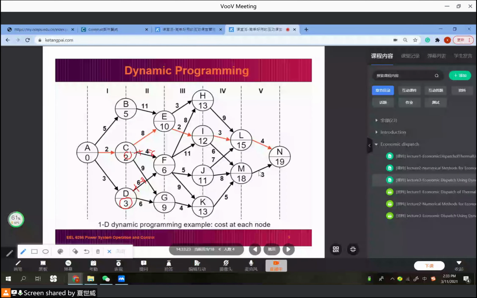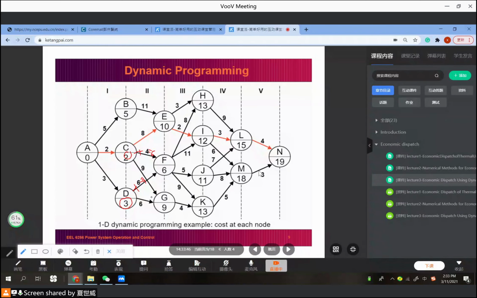Okay. Similarly, we calculate the stop G. You will find 2 plus 9, 11, 3 plus 6, 9. So this is better. Okay, D to G is better. So that means for point E, we have a solution that ACE. For F, we have a solution ACF.